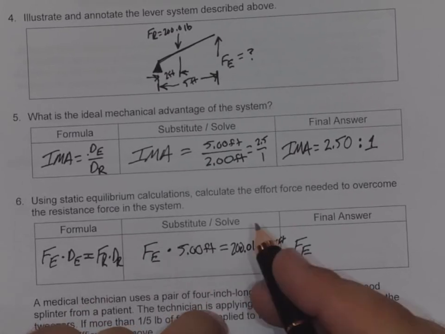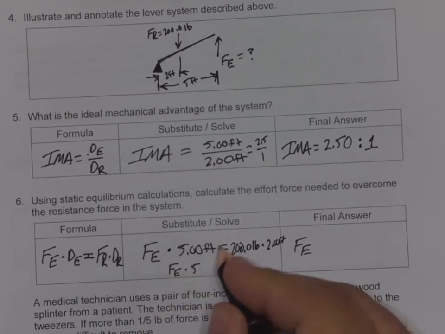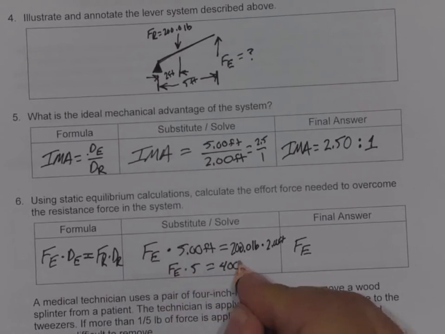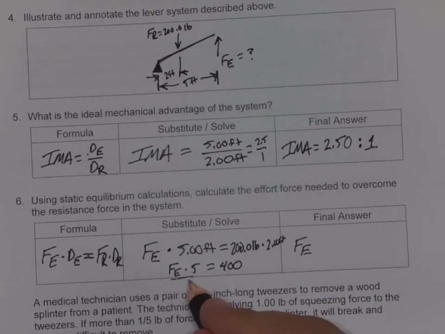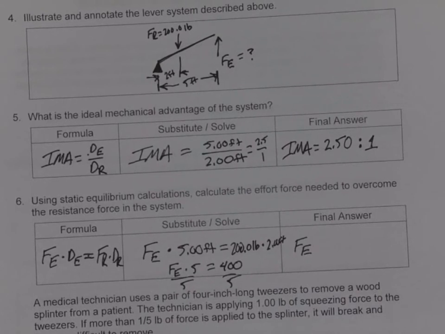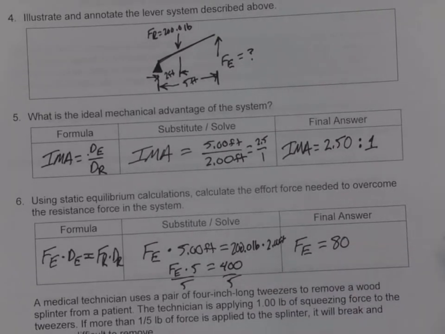That gives me 400, just to show you the process. Fe times 5 is equal to 400, and I divide by 5 on each side. So in this case, my Fe is going to be 80.